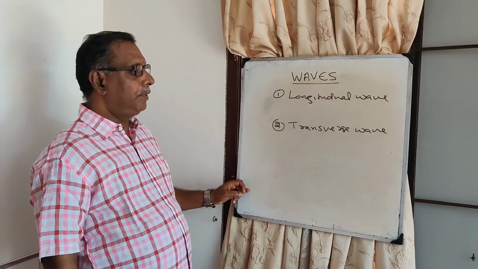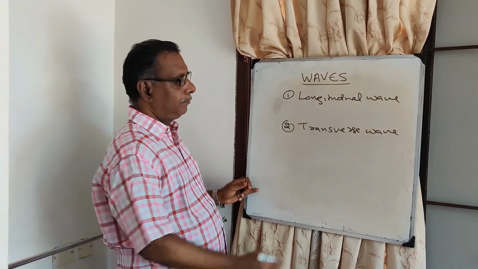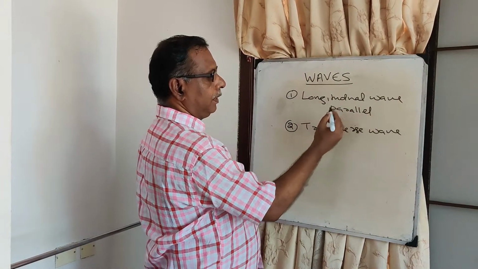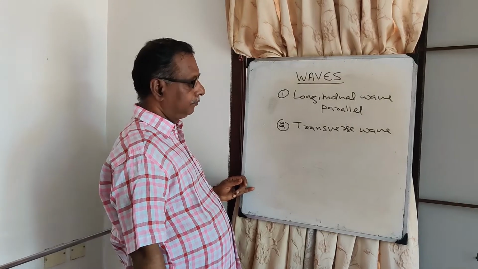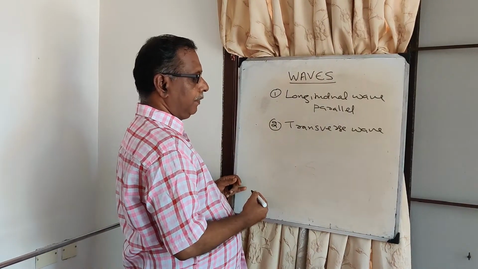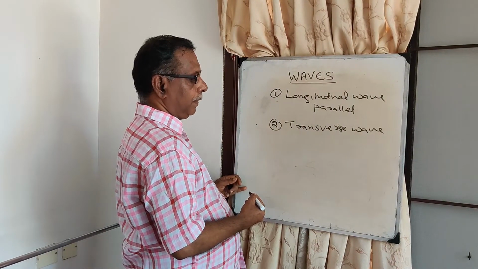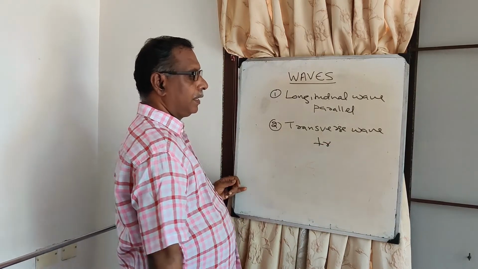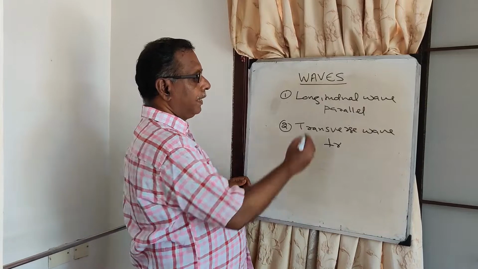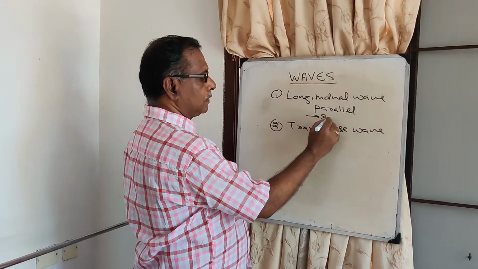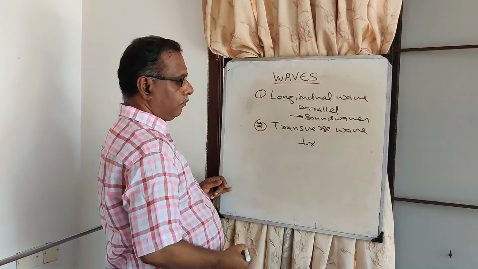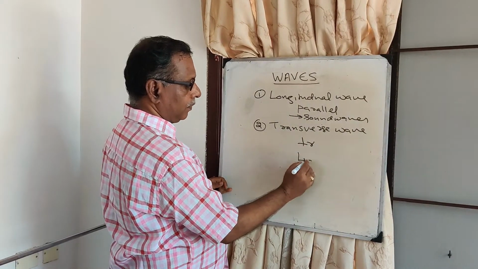If the particles of the medium vibrate parallel to the direction of propagation of the wave, that is called a longitudinal wave. If the particles of the medium vibrate perpendicular to the direction of propagation of wave, that is called a transverse wave. The example for longitudinal waves is sound waves. The example for transverse wave is light waves.